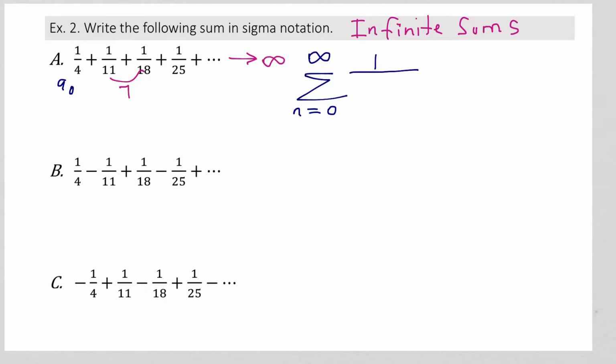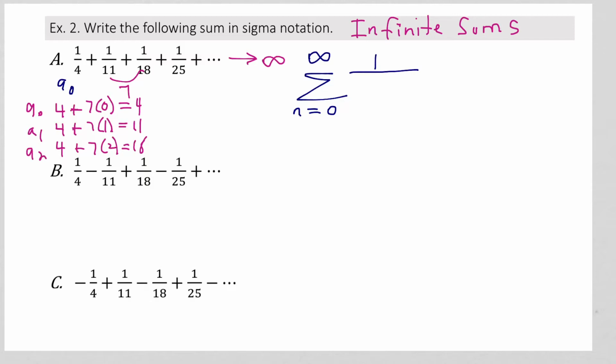So we can say that the first item in the list is 4 plus 7 times 0, which is just 4. The second item in the list is 4 plus 7 times 1, which is 11, etc. The third item in the list, so this is A0, A1, A2, is 4 plus 7 times 2, which is 14, so that would be 18.